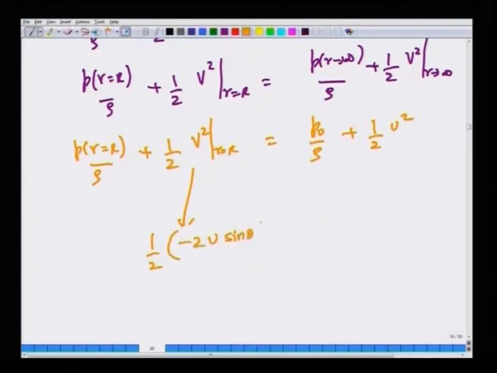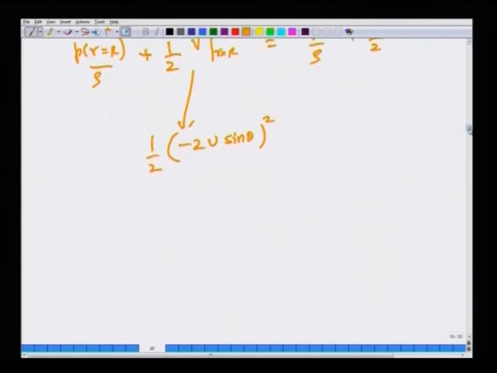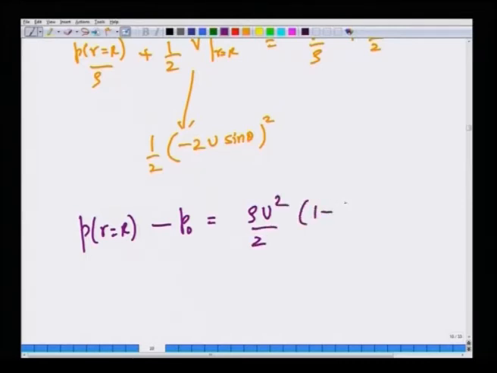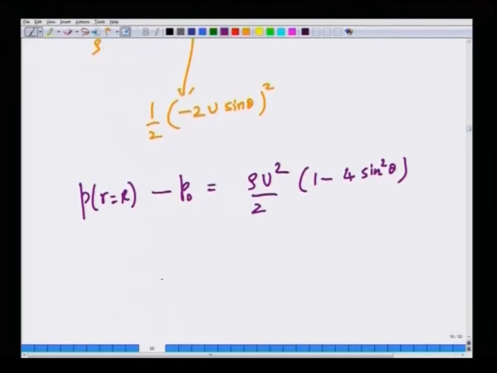There is no r component, there is only the theta component, which we just evaluated at r equals the radius capital R. So, eliminating, the pressure p at r equals R minus p naught is rho u squared by 2 times 1 minus 4 sin squared theta. So, this is the pressure.